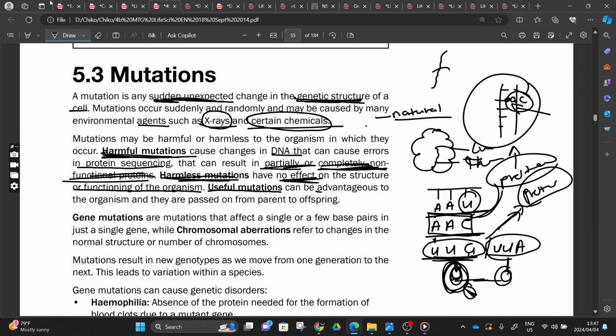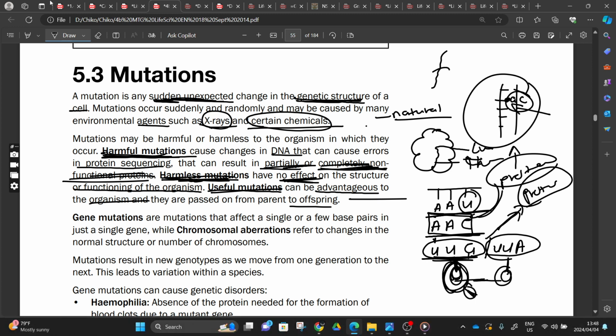They say this can be advantageous to the organism, and it is passed on to the parents' offspring. So here's the thing, you might find that other books just say we have harmful mutation and harmless mutation, right? And then under harmless mutation we have useful mutation and useless mutation, or they can say neutral mutation and advantageous mutation, right?